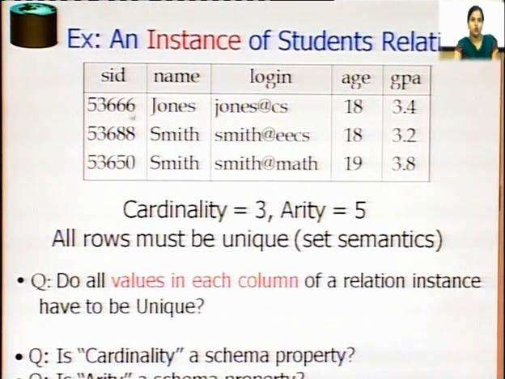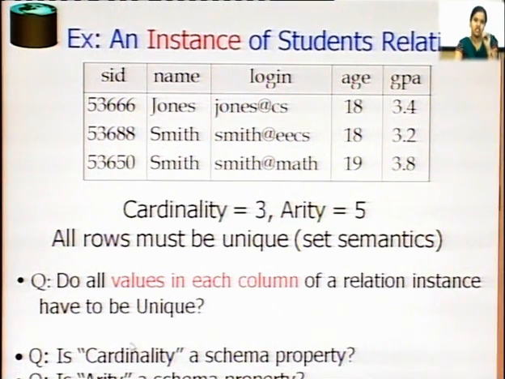And this student ID uniquely identifies the relation. So, this SID is a primary key. The question arises here, do all values in each column of a relation instance have to be unique?